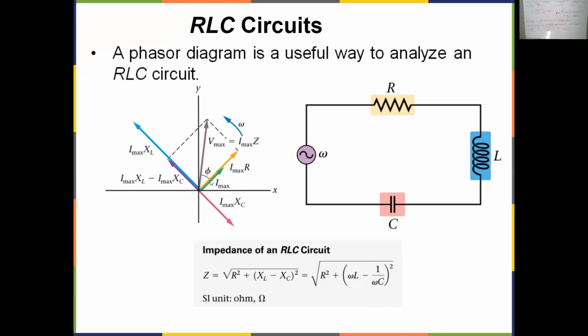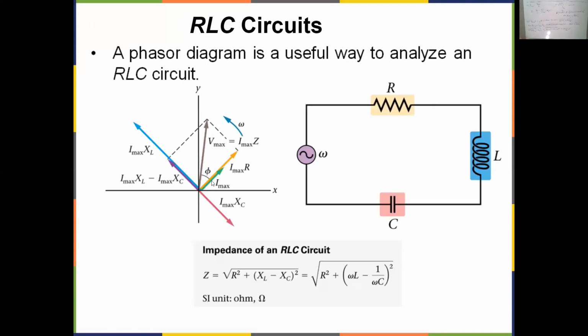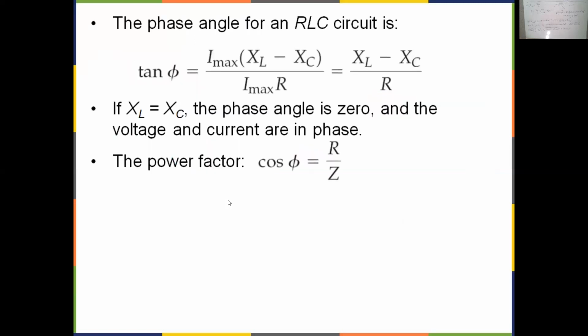So the tangent of phi is XL minus XC over R. It's the angle between the two phasors, I max and V max. That will give you the power factor, cosine phi, which is equal to R divided by Z.